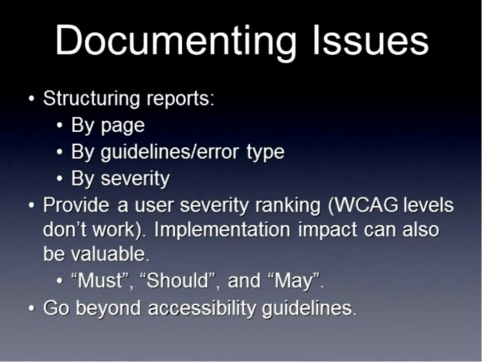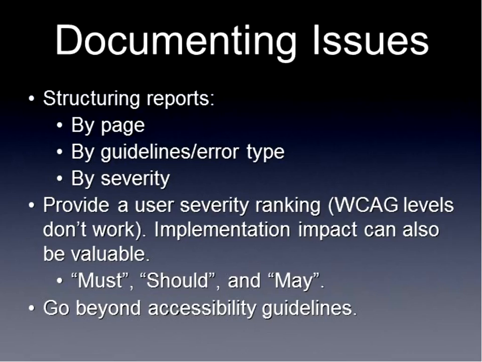I want to talk just real briefly about documenting issues. If you're evaluating a site and you want to document issues, you can structure that by page. So, this page has these issues, this page has these issues. You could structure it maybe by guideline or success criteria.